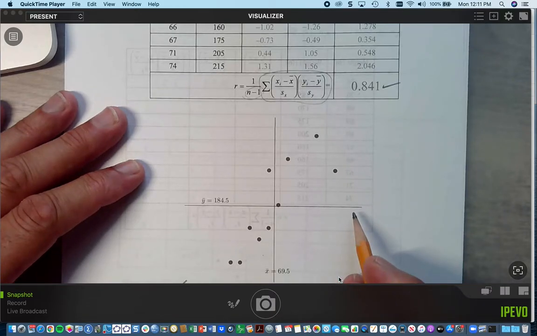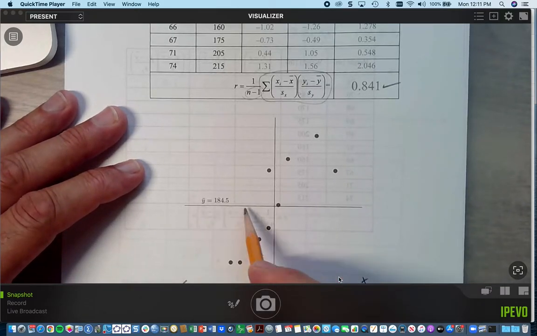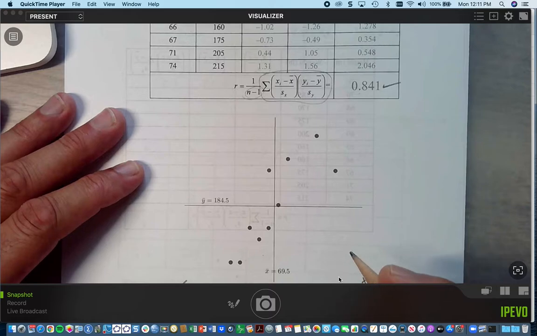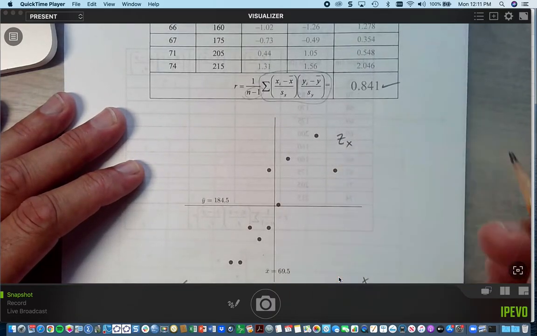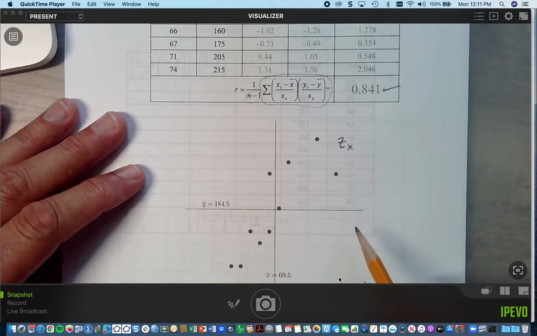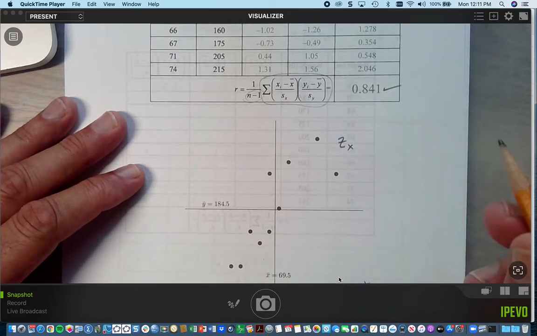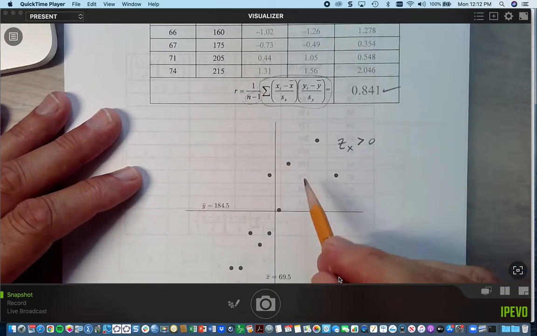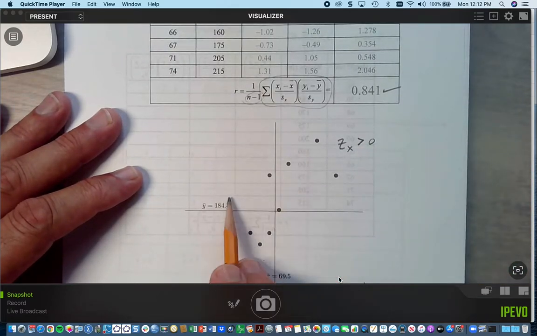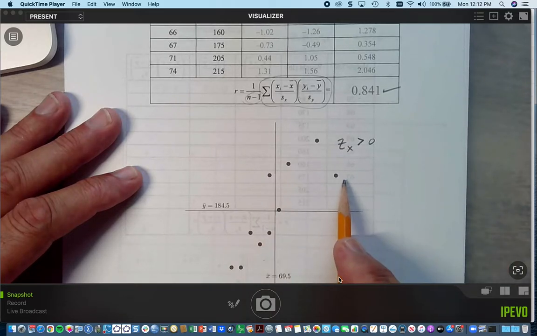These are the average x and average y. Right? And so if we were to calculate a z-score for an x value, for the guys up here in this top right-hand quadrant, that z-score is going to end up being positive because these points fall to the right of this average height.